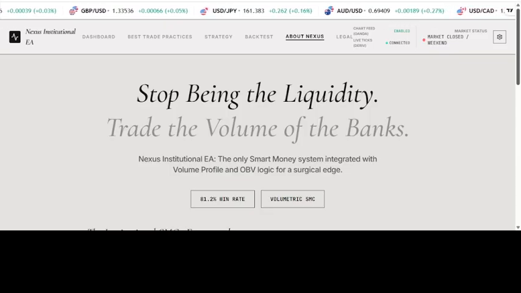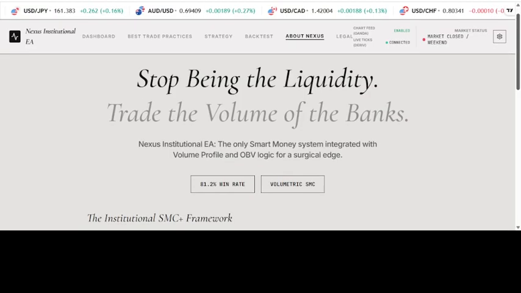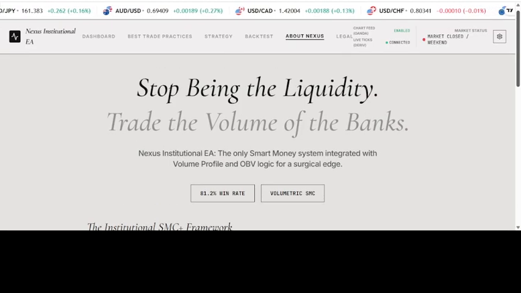So what I've developed here is an expert engine that trades along with these liquidity providers, the banks, the hedge funds. It's based on the concept of smart money concepts. But it's not just smart money concepts.